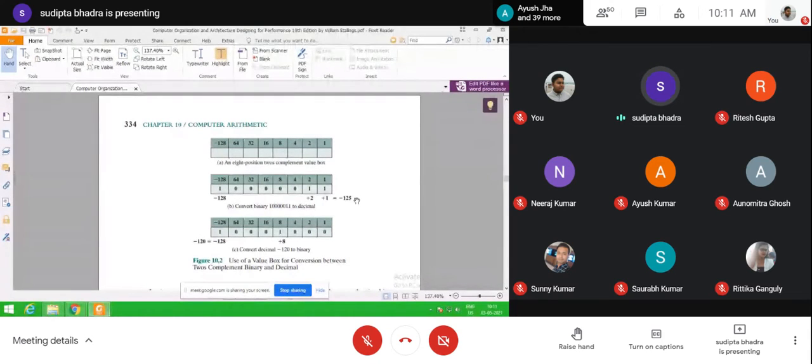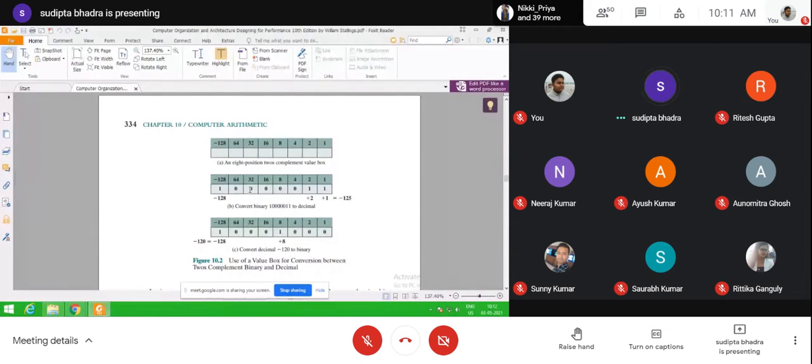In sign magnitude, minus 125 means the sign bit will be 1, and then all the bits from the 0th bit to the 6th bit will contain the 0s and 1s corresponding to 125.